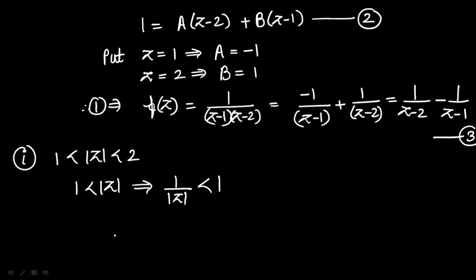Now consider the next inequality, that means mod of z less than 2. If we divide by 2, then mod of z by 2 is less than 1. That means in this equation 3, we form 1 by z and z by 2 terms, and then we will get the required result. Now for this we consider equation number 3.